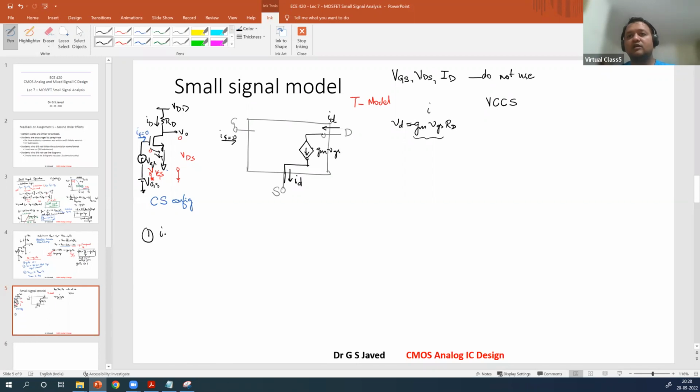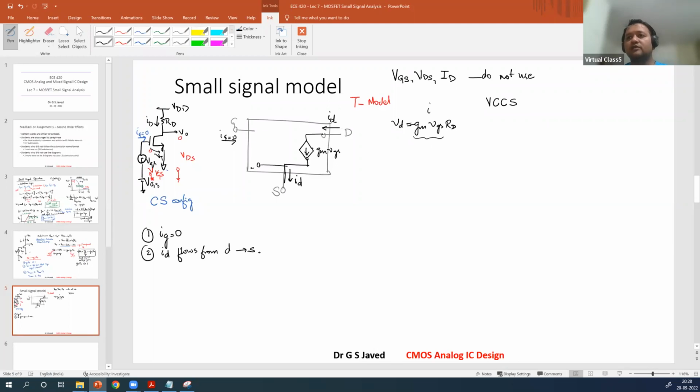Common rule: ig is 0. Second, drain current flows from drain to source and there is no loss. Understand this: the same drain current which is flowing in is flowing out. Now the source is common to drain and gate, right?